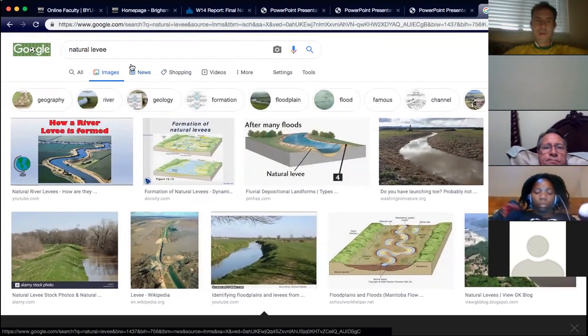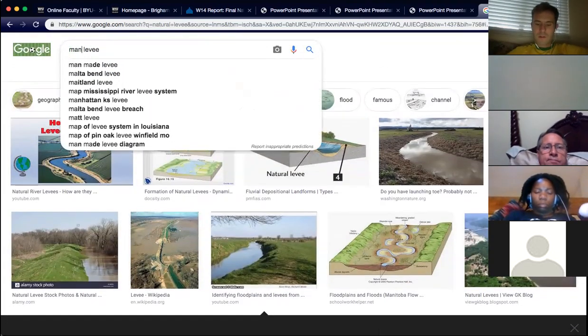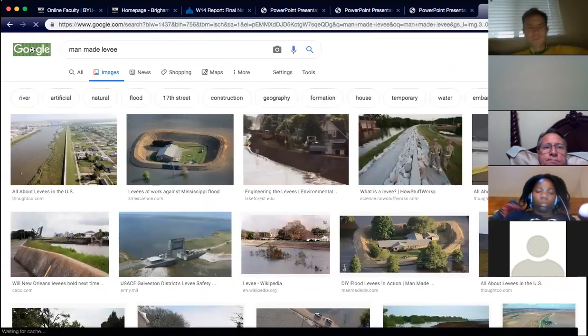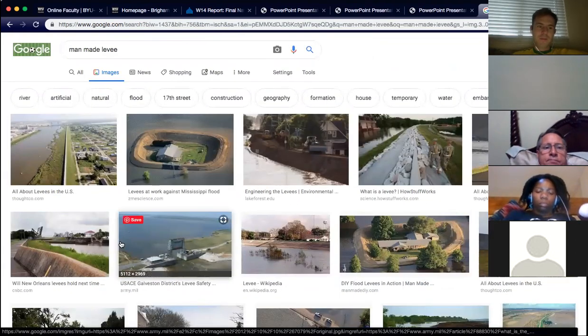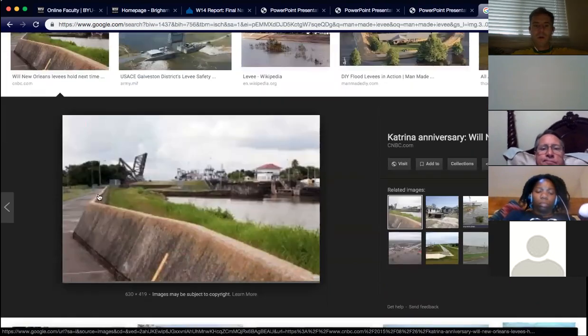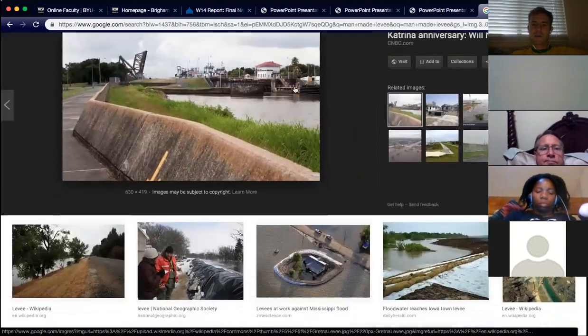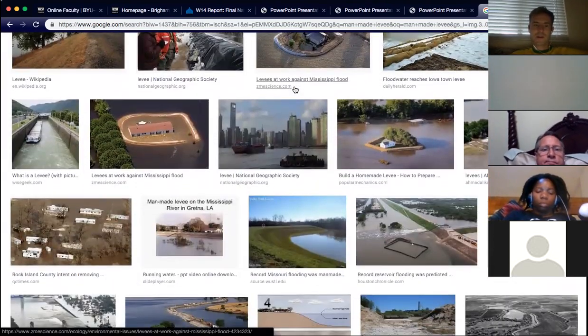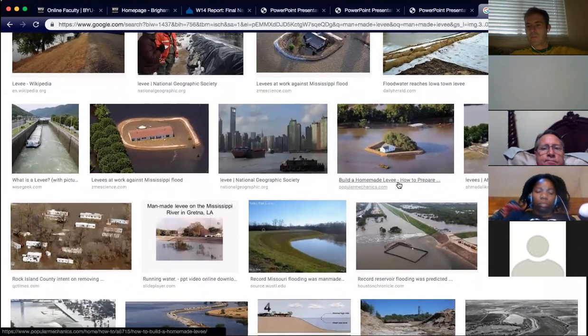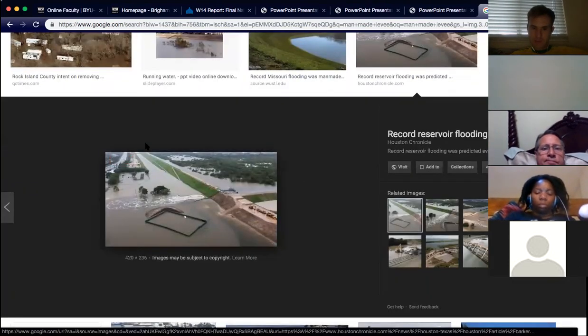And then you've got man-made levees. Right, like here where you've actually built a wall or a berm to protect the surrounding areas. Here's a good example where they've built it themselves.